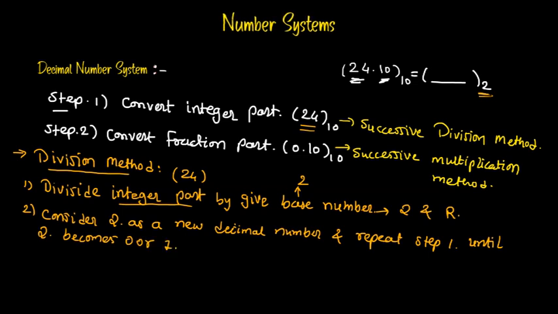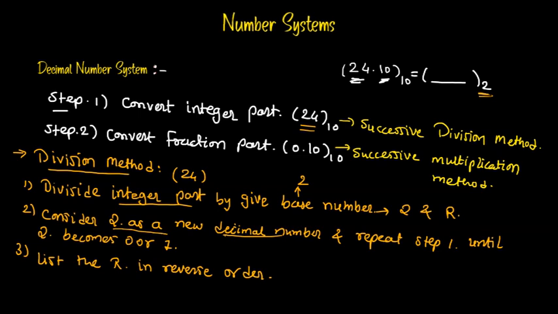Clear? So that is the second step. You divide the quotient as a new decimal number, repeat step 1, and note down all the quotients and remainders. The last step is to list the remainders in reverse order. Then you get the final answer in the desired base number.